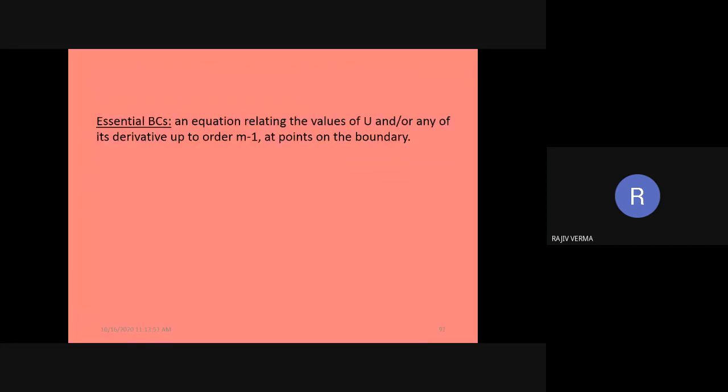Now coming to essential boundary condition. This is an equation relating the value of u and possibly any of its derivatives up to the order m-1 at points in the boundary. So this basically is an equation. Thus, they involve lower order derivatives.